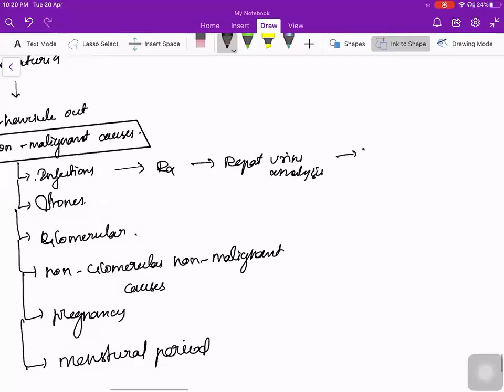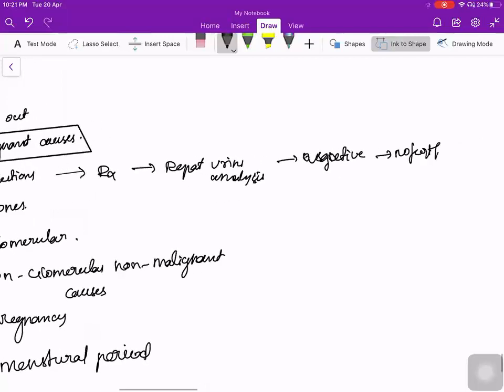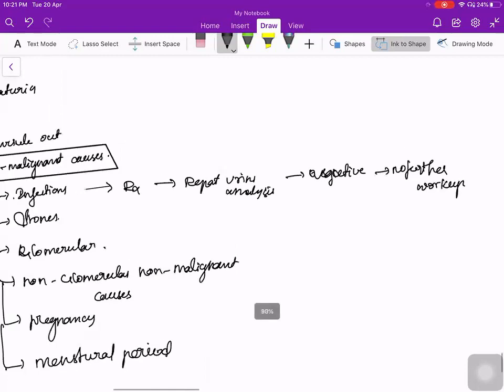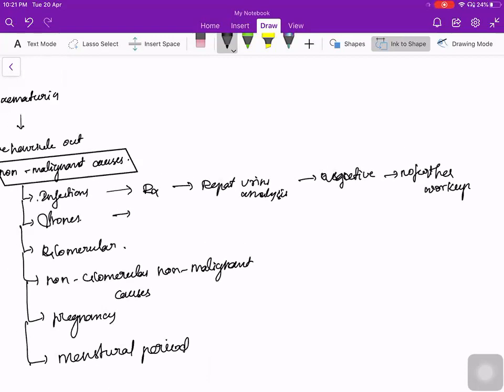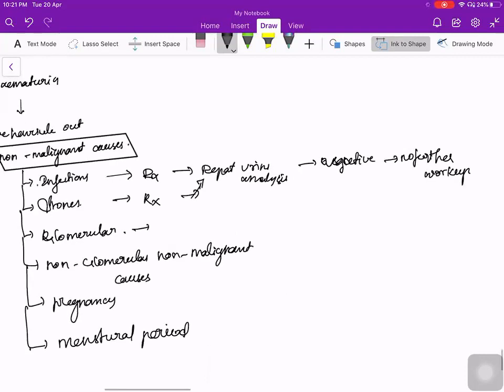If the repeat is negative, no further workup. If the patient is having a renal stone, we have to treat the patient and repeat the same thing. If the patient is having glomerular pathologies, we have to do renal biopsy, and we have to treat the cause.